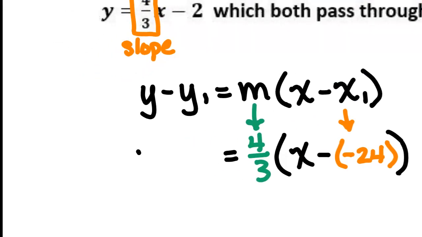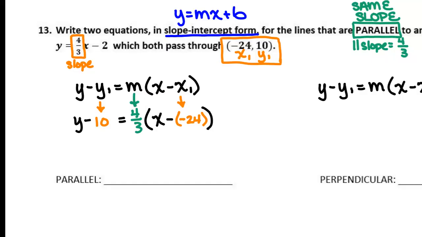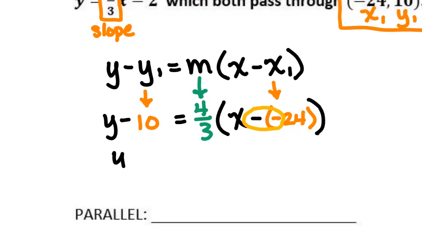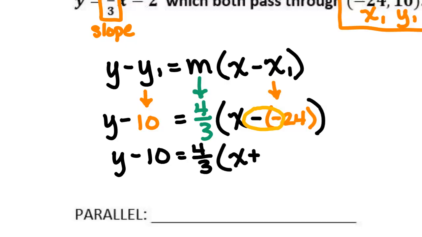Over on the other side of the equal sign, I have y minus, what goes in for y1? 10. So y minus 10 equals 4 over 3 times x minus negative 24. What happens when we subtract that negative? Turns into a positive. So I have y minus 10 equals 4 over 3 times x plus 24.